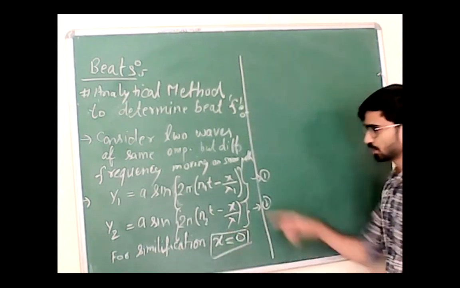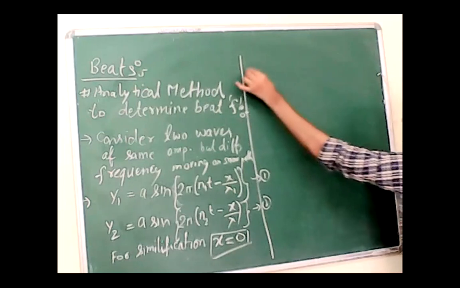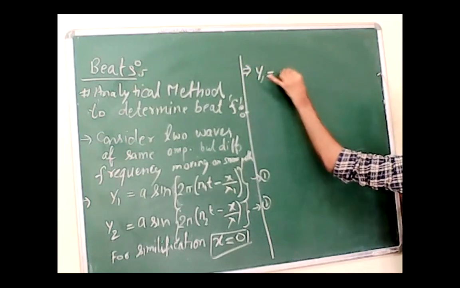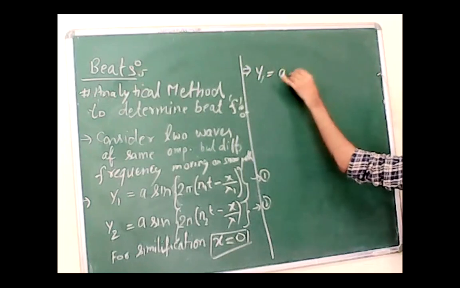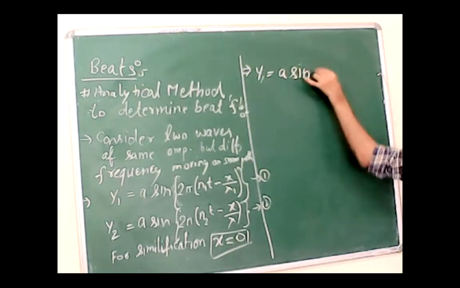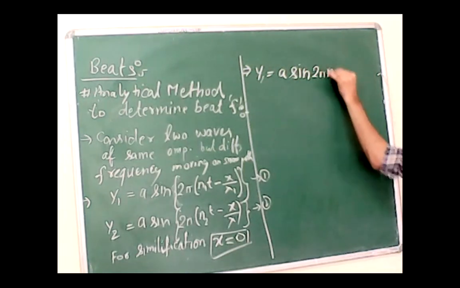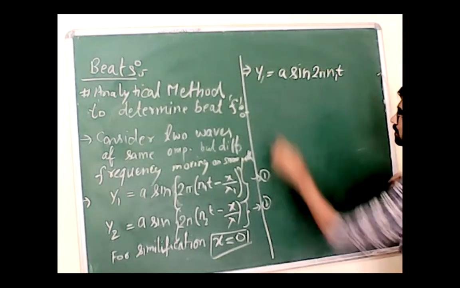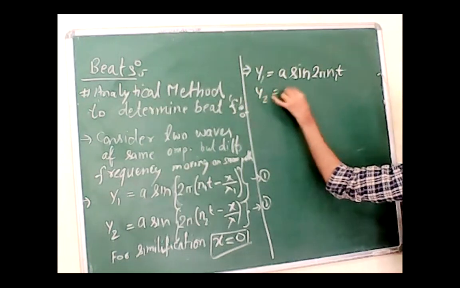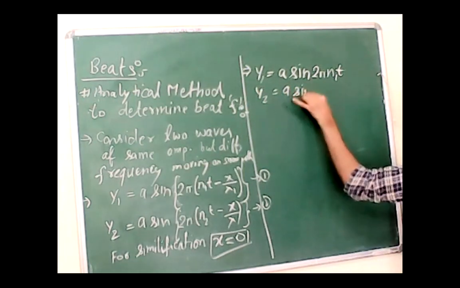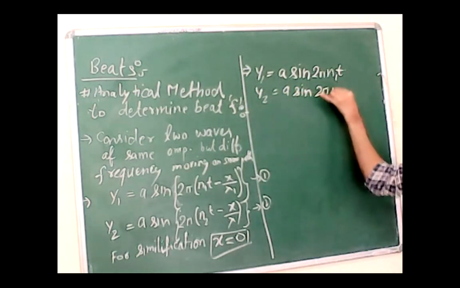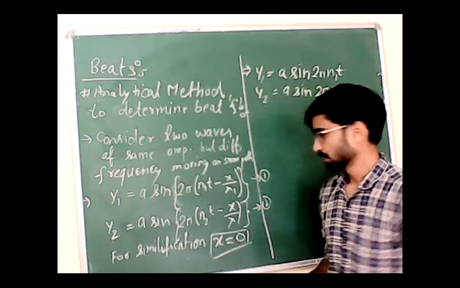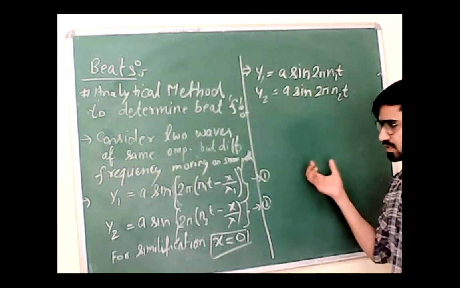When I put x equal to 0, I get y1 equal to a sin 2 pi n1 t. Similarly, y2 equal to a sin 2 pi n2 t.